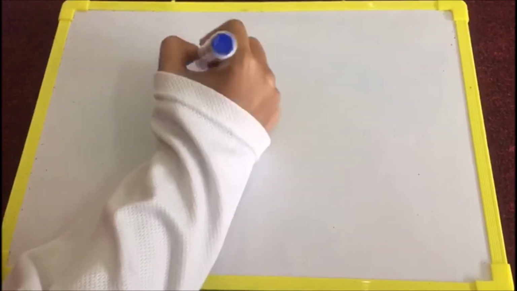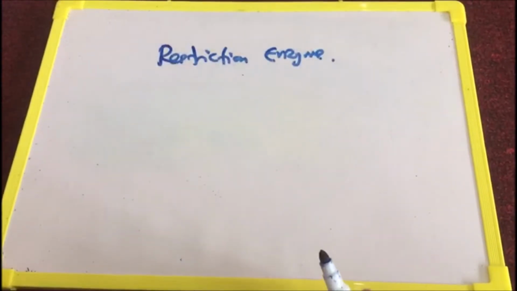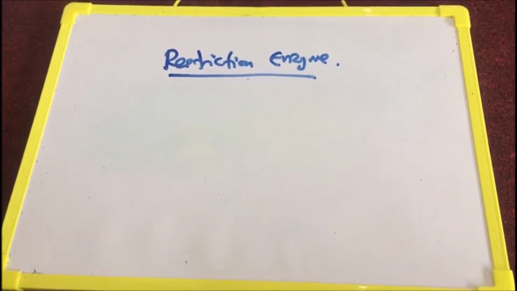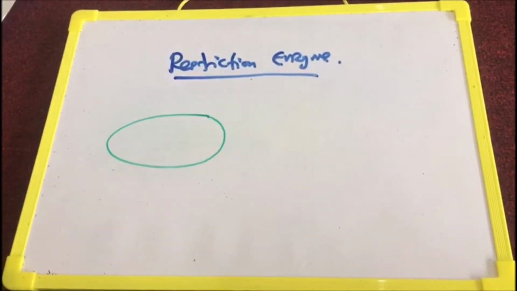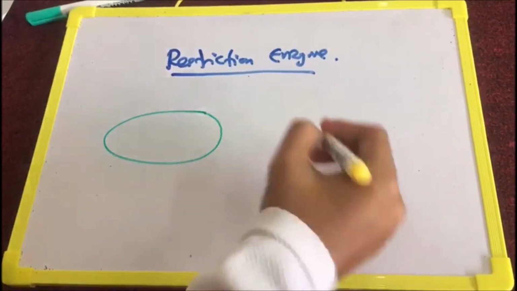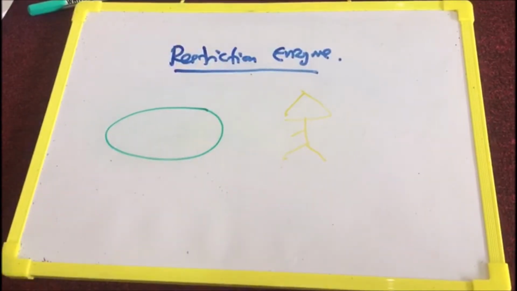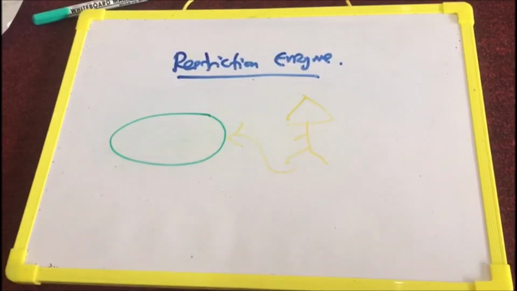Okay, today we are going to talk about restriction enzyme. So, what is a restriction enzyme? Here we have an example that will reflect the restriction enzyme. Just imagine this is the bacteria, and it is just floating around doing nothing, and out of somewhere here is a virus, and this virus is upset today and wants to infect the bacteria.